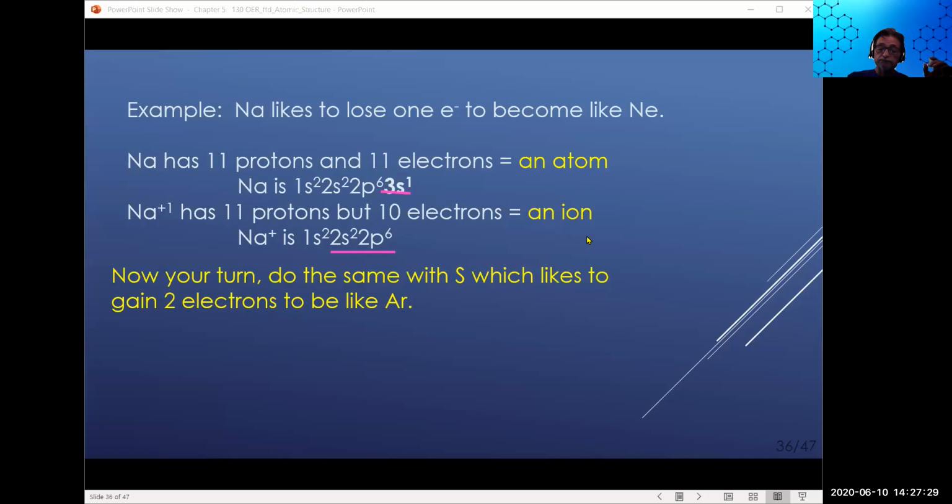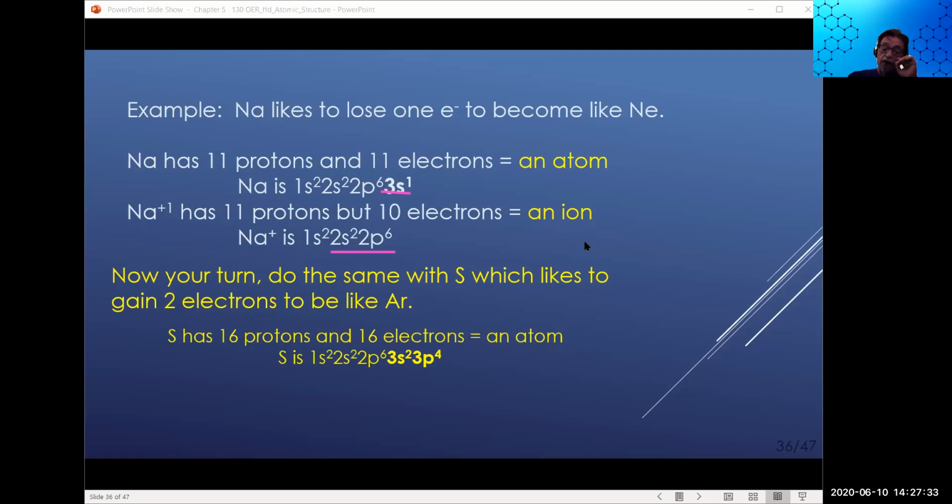All right, now let's take a look at sulfur. Okay, sulfur is in group 6. So its electron configuration is 1s2, 2s2, 2p6, and then being in the third period, in the third energy level, those 6 electrons, 2 of them are in the 3s2, and the other 4 are in the 3p4.